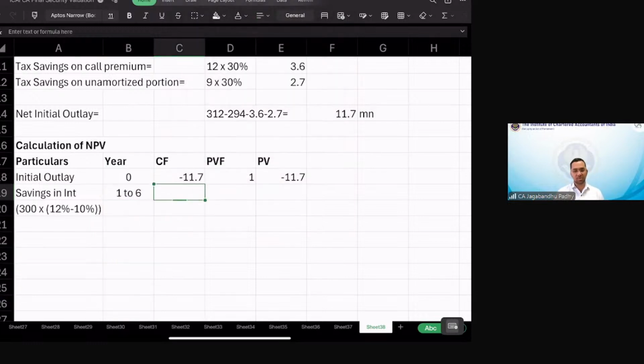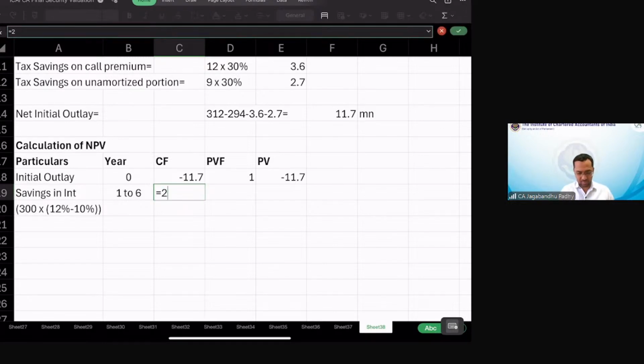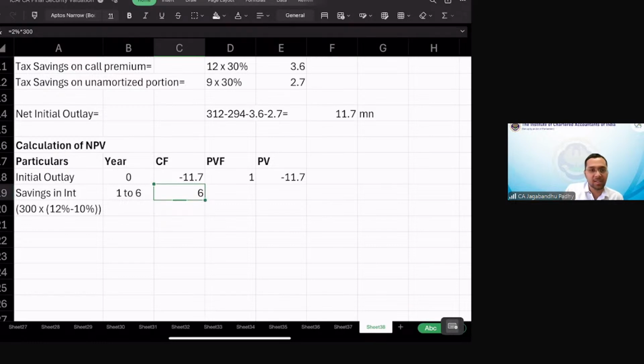From year 1 to 6, savings in interest will be 2% of 300. Can I say 6 is an inflow for us? 6 is the inflow for us. Right, guys? We'll write down the PV factor later and then simply multiply it. So savings in interest.